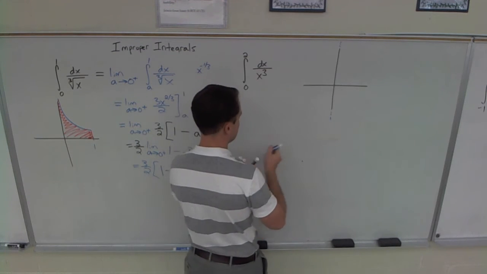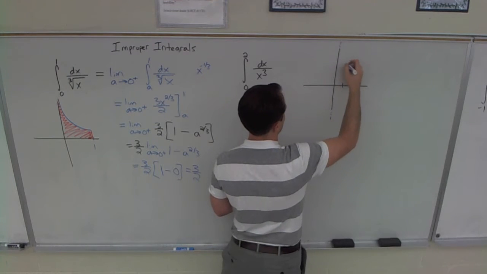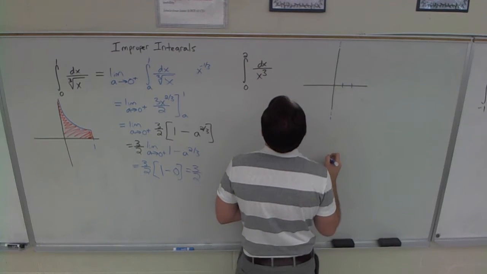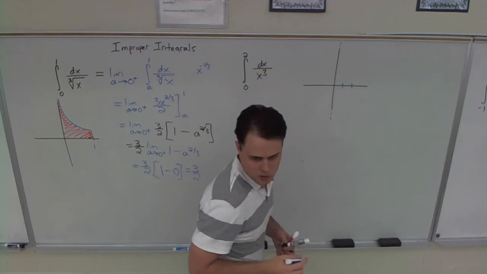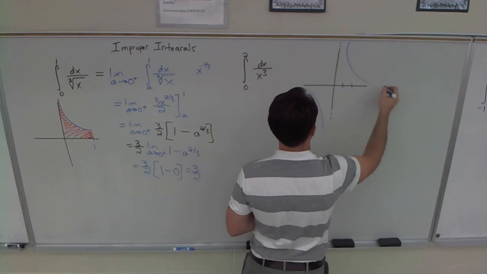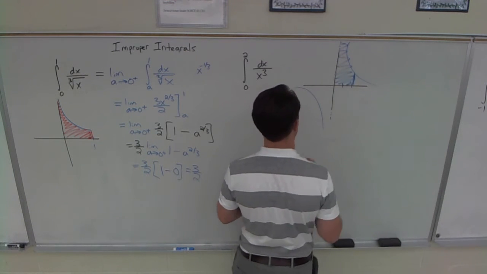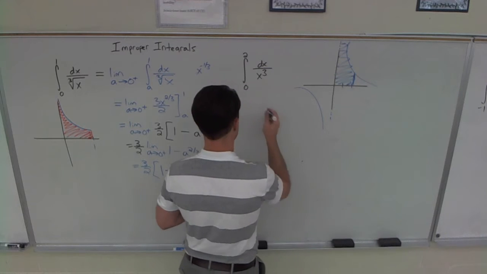So we're going from 0 to 2. I don't know if it's similar to the other one. 1 over x cubed, let's see, what does it look like? Yeah, I think it kind of goes like this. So we're thinking about this area right up until that spot. What is this equal to?